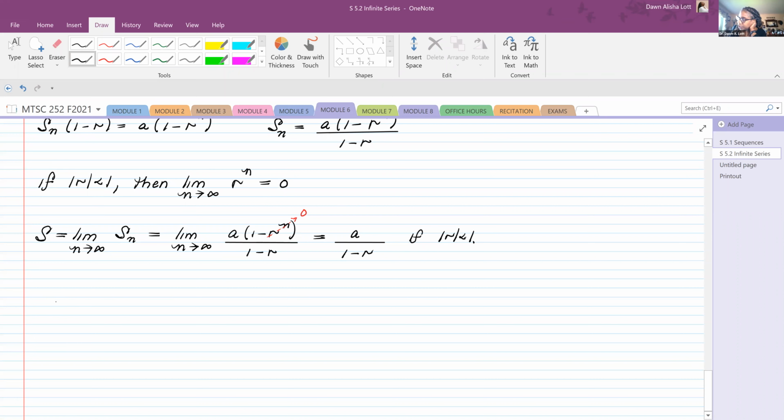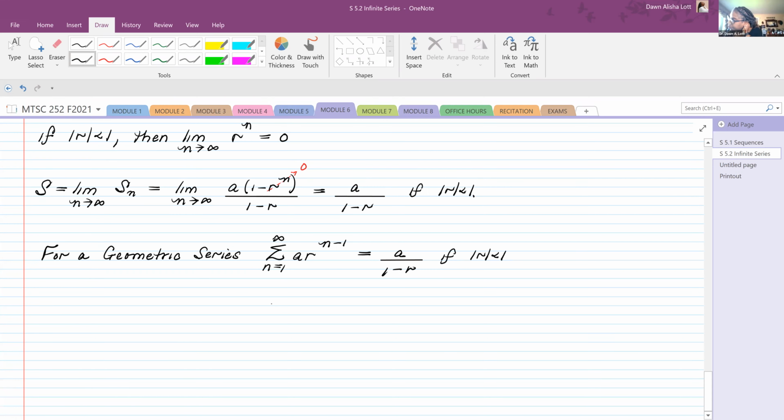For a geometric series, the sum n equals 1 to infinity of ar to the n minus 1, I know the sum of this series is going to be a over 1 minus r if the absolute value of r is less than 1.